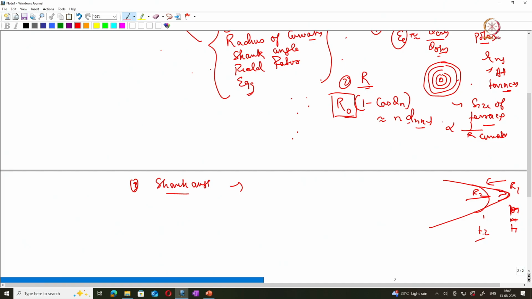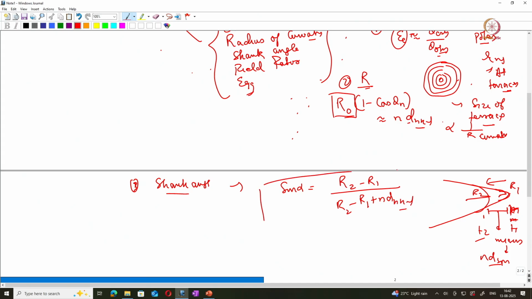If the number of atomic layers between these two is measured, which is equivalent to N times the d spacing of that particular pole, then your shank angle can be estimated by the formula sin alpha equals R2 minus R1 divided by R2 minus R1 plus N dhkl. This is how we can measure alpha, the shank angle, by the evolution of the radius at two different instances.